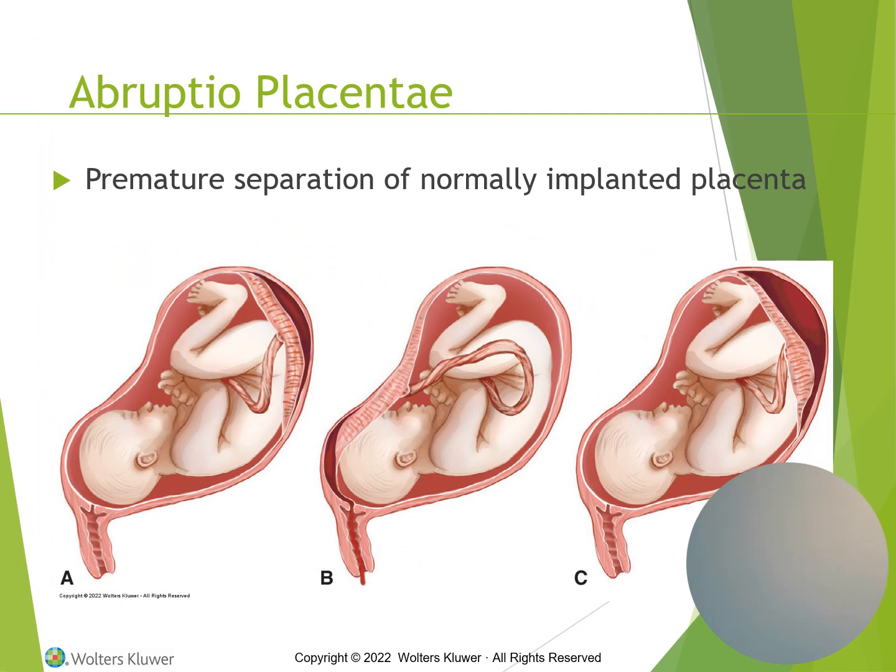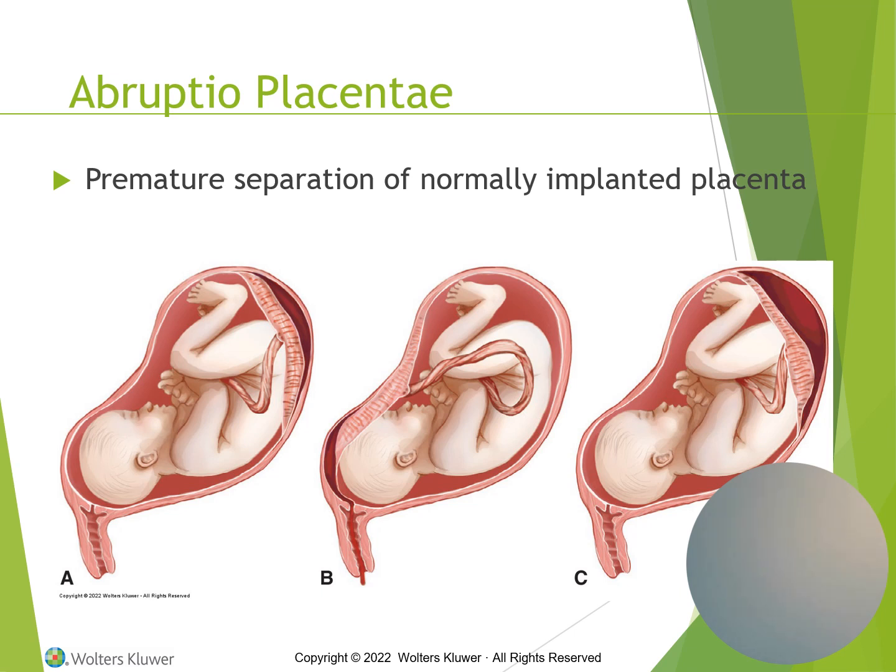And then we have abruptio placentae, or placental abruption, which is the premature separation of the placenta from the wall of the uterus. In other words, it separates before delivery of the baby, and it occurs in about 1% of pregnancies.